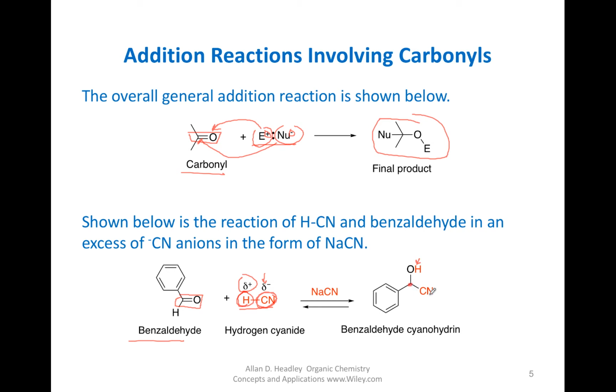So that's how you can predict the product. What you'll discover is they're typically catalyzed. So here we have a catalyst of NaCN, so we have an excess of CN minus. So this is going to add first to the carbonyl, and then the H plus will add next to get the same product here as the final product.